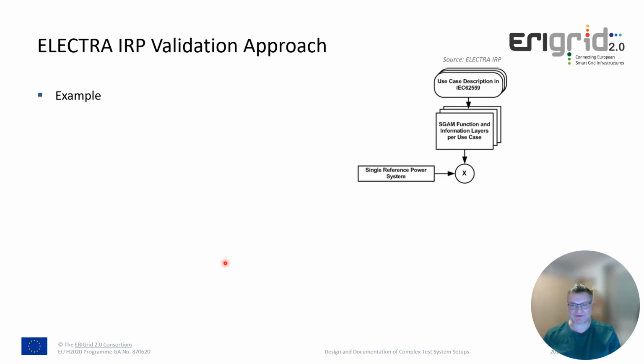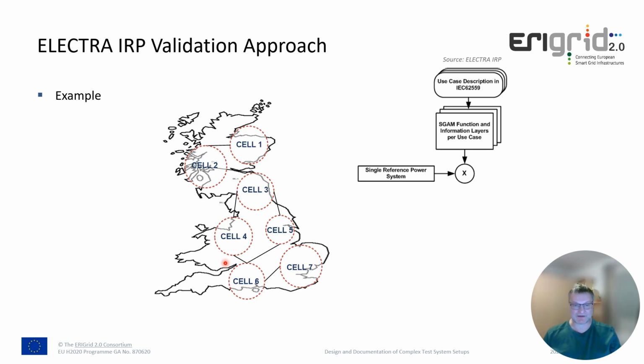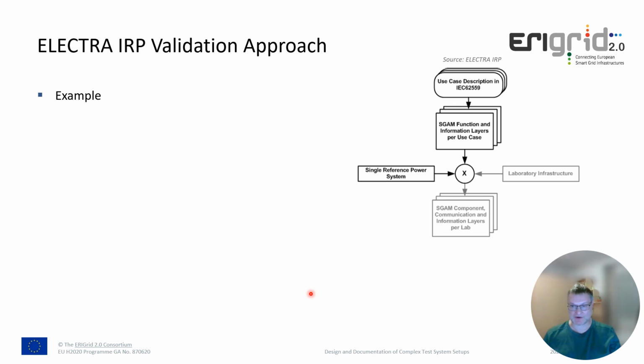Then in the next steps, we look very generally, in the first stage, at which reference power system is being used. For example, the UK power system is used. Here in this case, it was divided into different control related cells, 7 cells, following this Electra web of cell control approach.